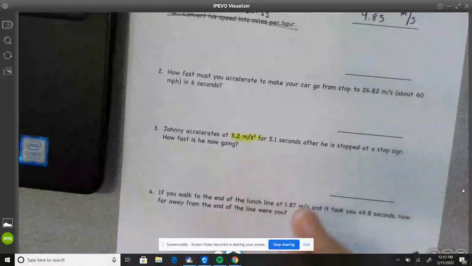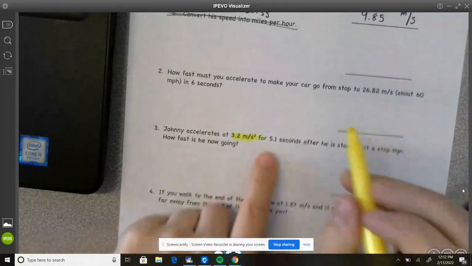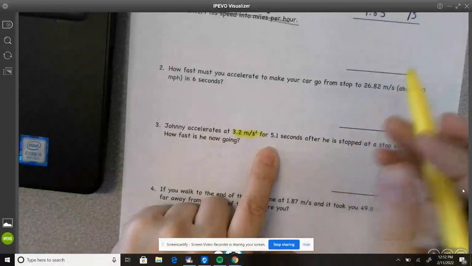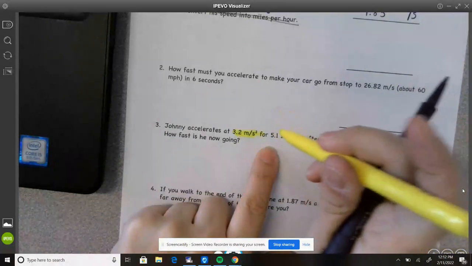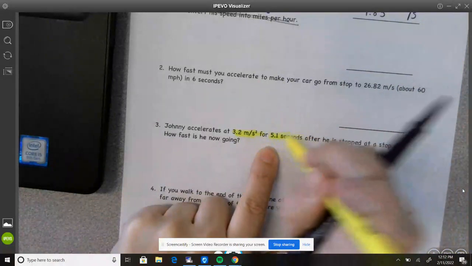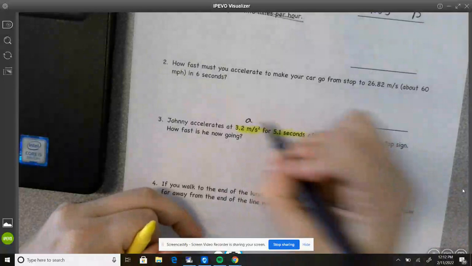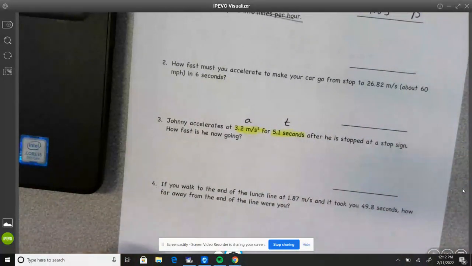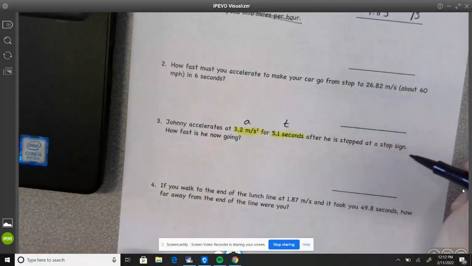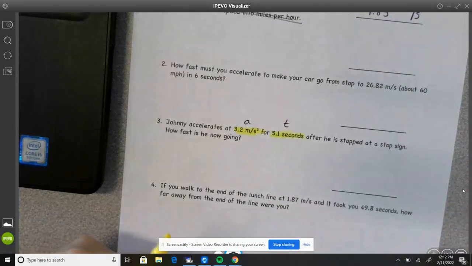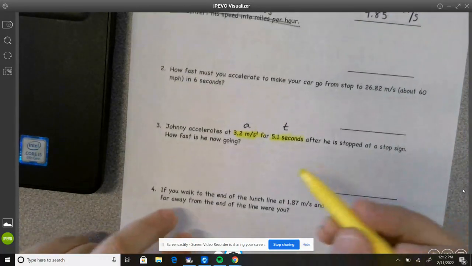So let's go ahead and see what else they give us. So we have 3.2 meters per second squared for 5.1 seconds. So this is an acceleration. This is a time. After he stopped at a stop sign, how fast is he now going?